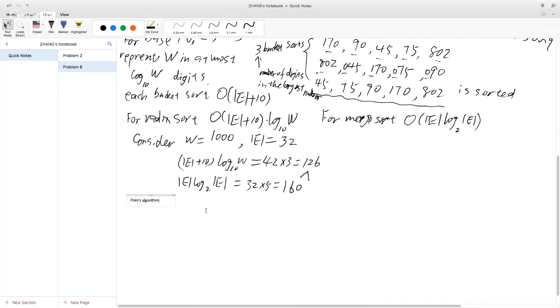For Prim's algorithm, the time complexity depends on how you implement the priority queue.